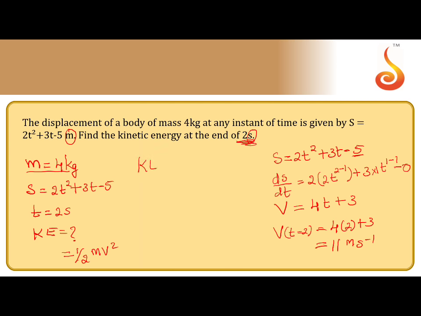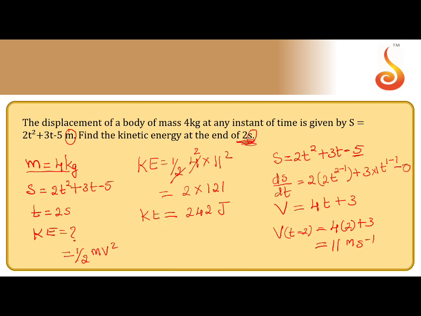So your kinetic energy will be half into mass is 4, velocity is 11, 11 square. This is 2 times 121. On multiplying, 242 joules.